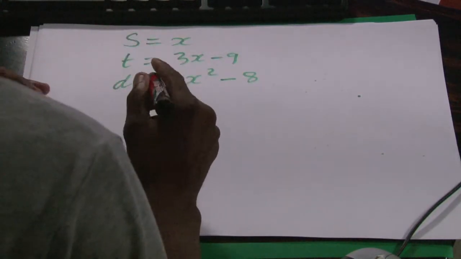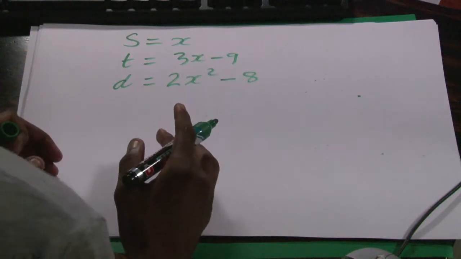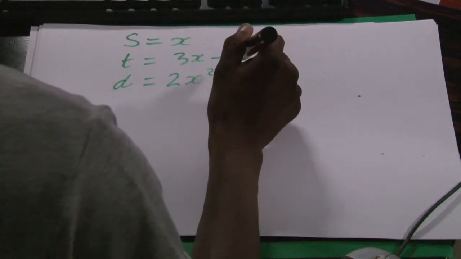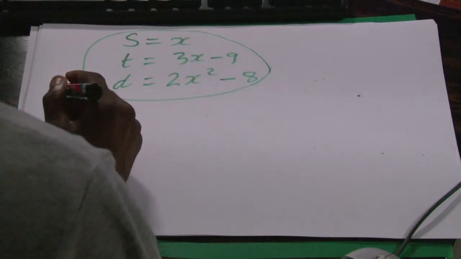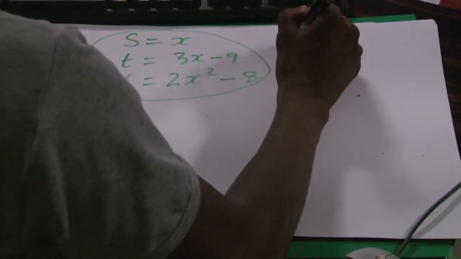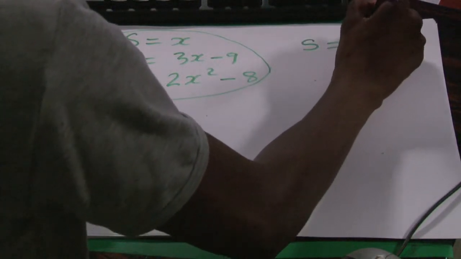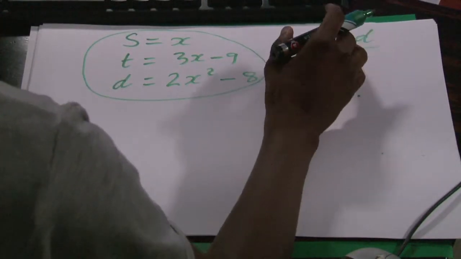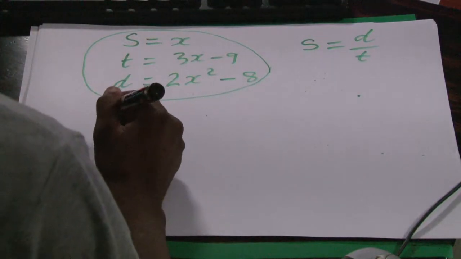Okay, so in other words, this is an algebraic word problem whereby you need to know the formula connecting the three parameters. So what is that formula? We know that speed is equal to distance divided by time. So we are going to use this formula and just plug in what we have here and then take it on from there.